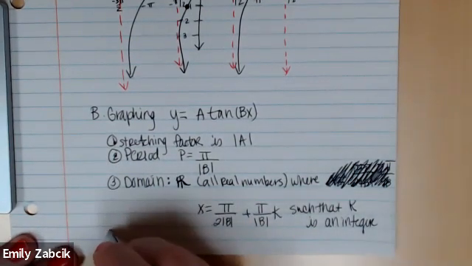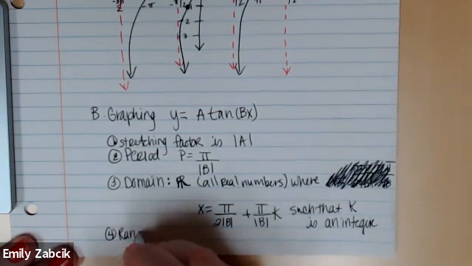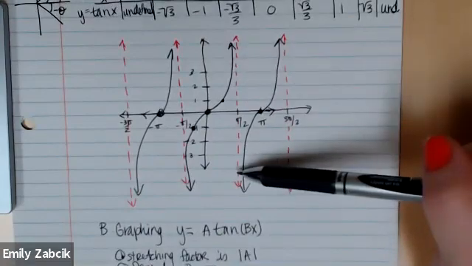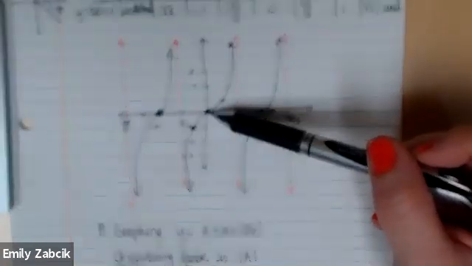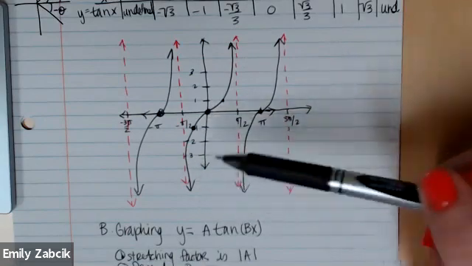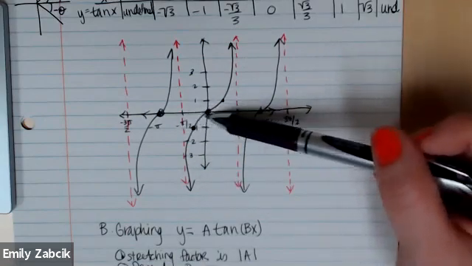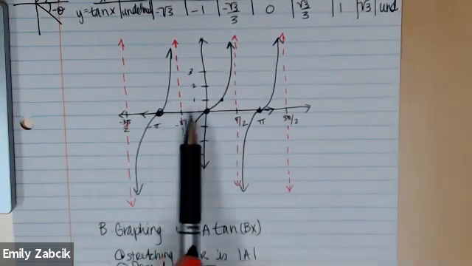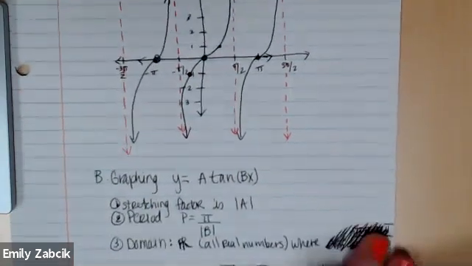Now, if we start to talk about the range, your range is your up and down. Notice up and down, I don't have any problems there. You can see that my values are going to go up to positive infinity and down to negative infinity, and that's just looking at this small area here. So my up and down is not a problem. That side to side, I'm having to compensate for all of these asymptotes that it's creating.